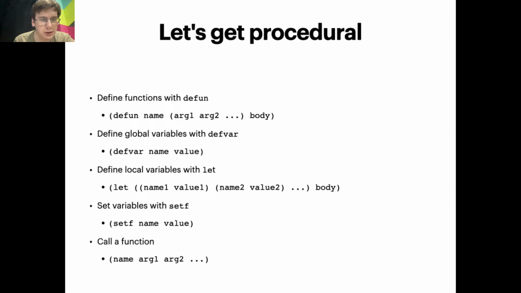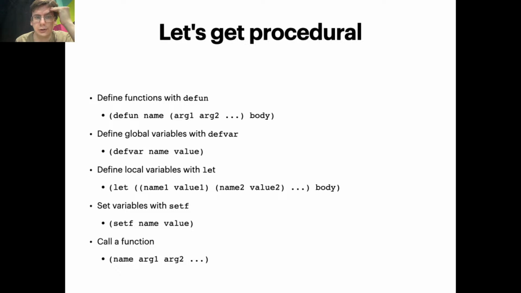So let's start with procedural programming. For procedural programming we have functions which are defined like this. Define, then we list the name of the function, then we have the arguments, and then we have an arbitrary number of other forms as body.